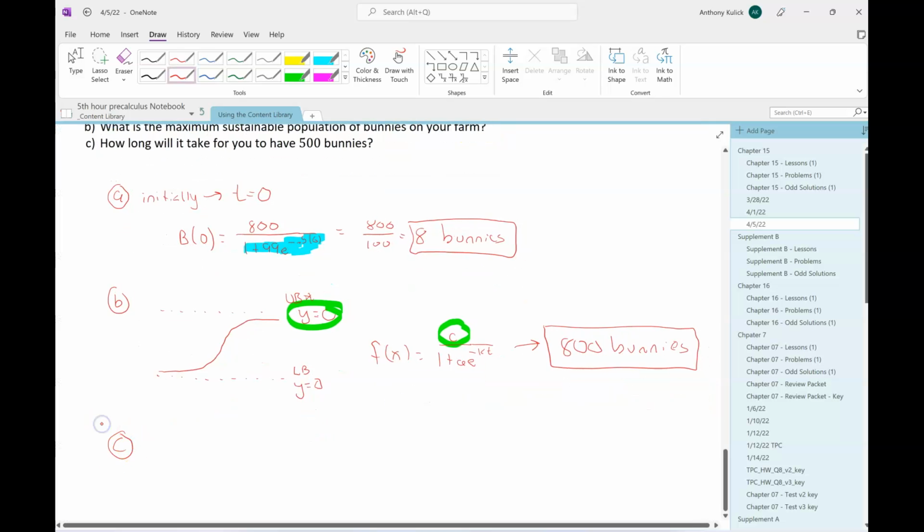Last one, it says, how long will it take for you to have 500 bunnies? What are we solving for here when it says how long? T! So I'm just going to plug 500 in for B of t, and I'm going to need to solve this. How am I going to solve that?